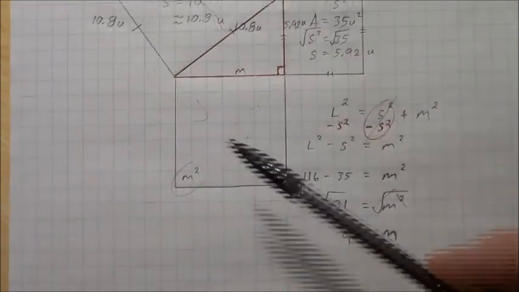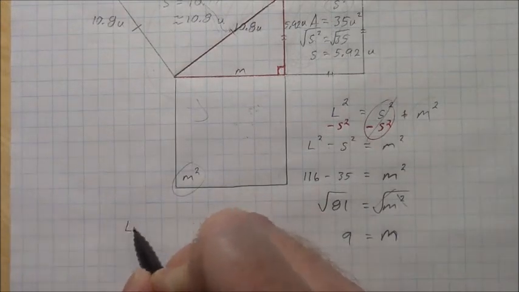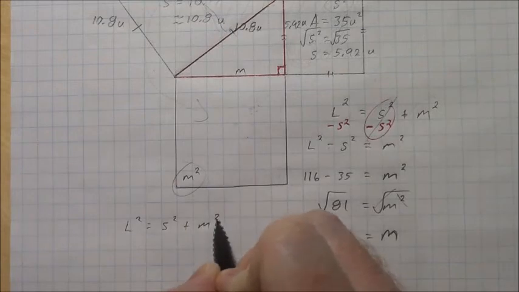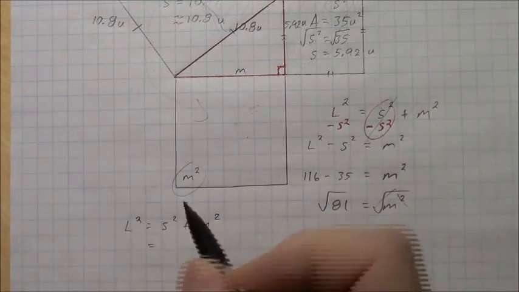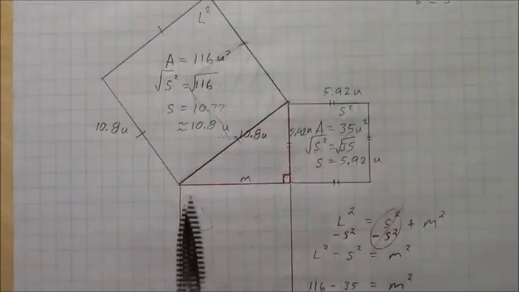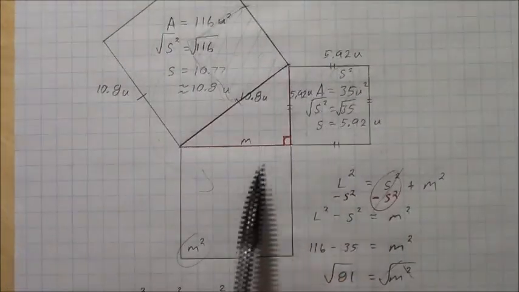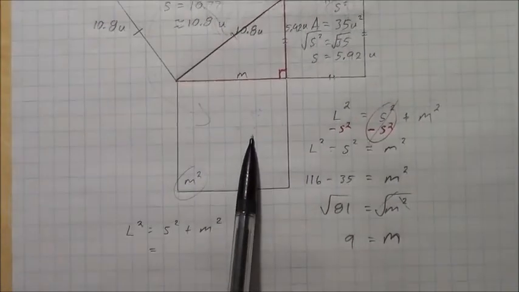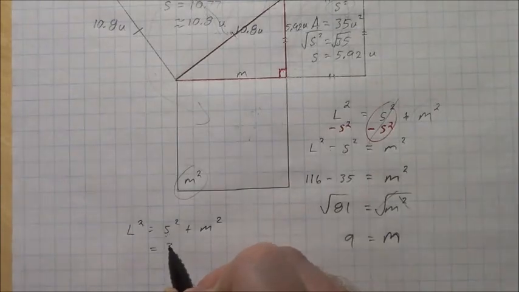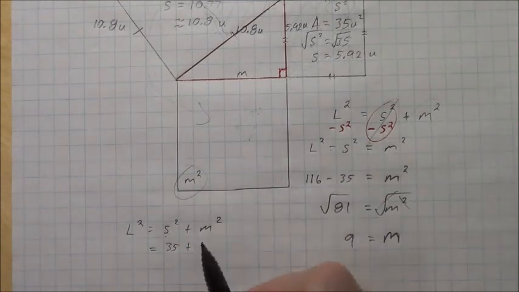And just to check this, I could go back in here and see if this all works out correctly. So I've got the Pythagorean theorem. The area of the largest square is equal to the area of the smaller square plus the area of the medium sized square. The smallest square's area is 35, and the medium side squared was 81.